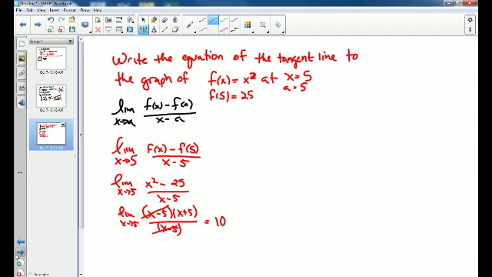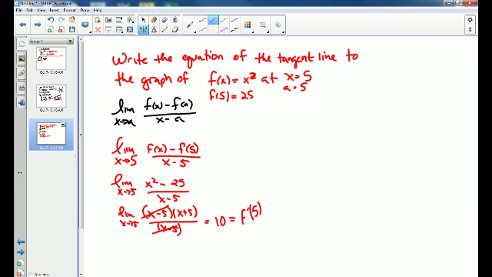So what is that? Is it f prime of 5? Or it's the slope of the tangent line at x equals 5. Or it's the instantaneous rate of change of f at x equals 5. A lot of different ways to say it.